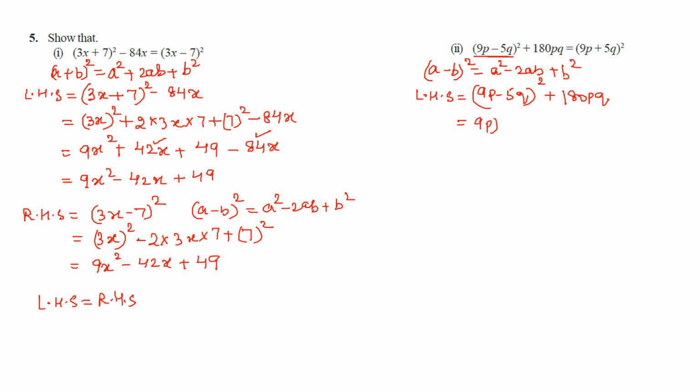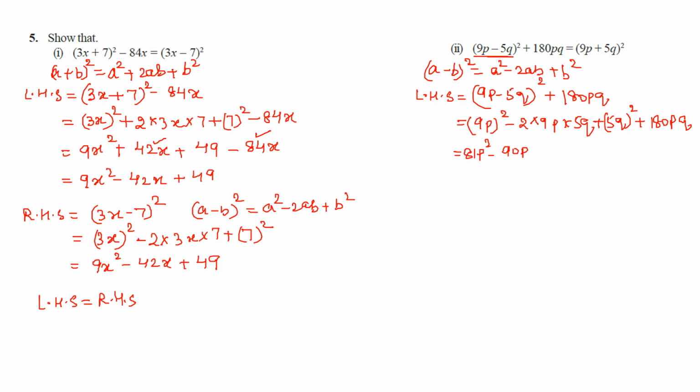So (9p) whole square, which is a square, minus 2 into 9p into 5q, which is minus 2ab, plus (5q) whole square plus 180pq. So (9p) whole square will give me 81p square minus 2 into 9 into 5. 2 into 5, 10. 10 into 9, 90.